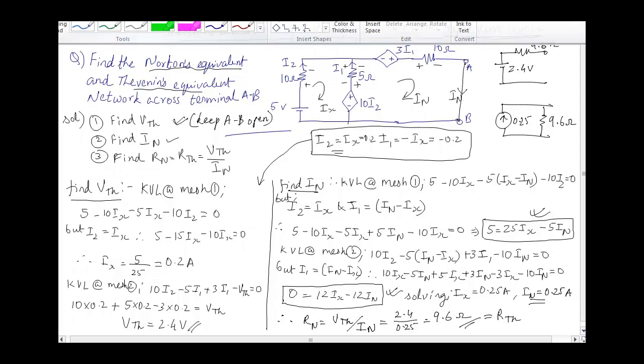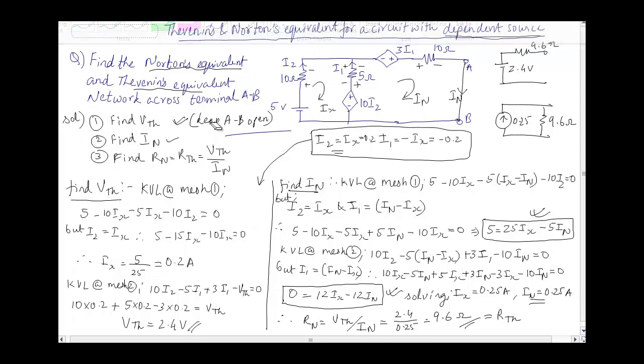Similarly, for finding out the Norton's equivalent, you need to short. So for finding IN, short A and B. And based on that, you find Vth and IN, and Rn and Rth you can find out by basically dividing Vth with IN. So that's how you solve the problem.